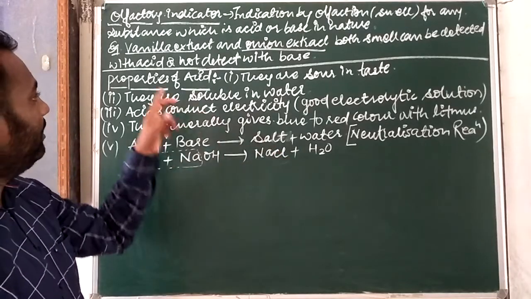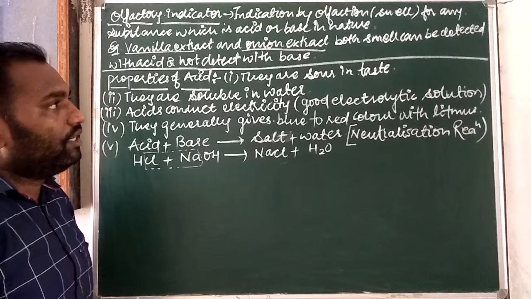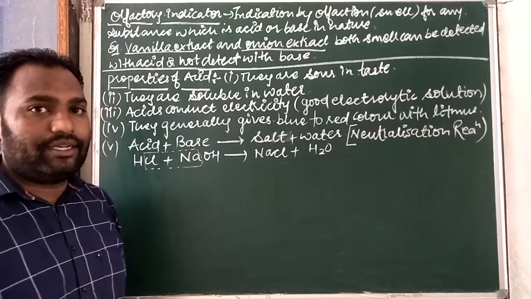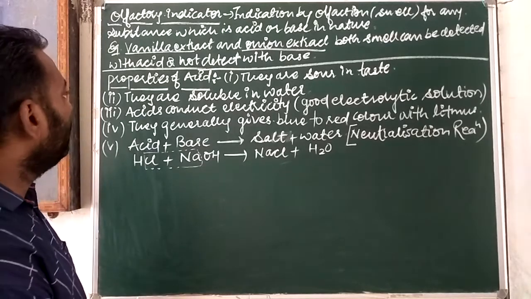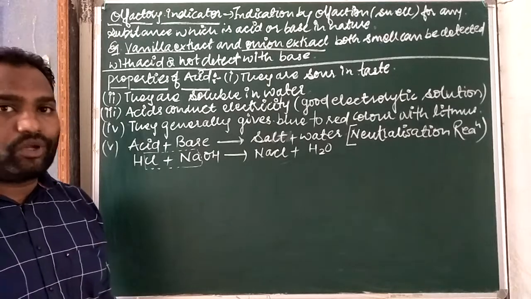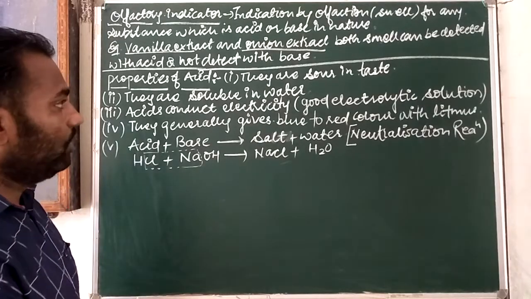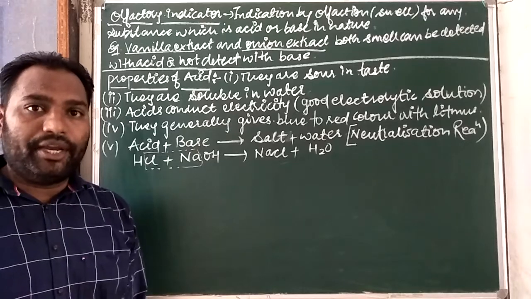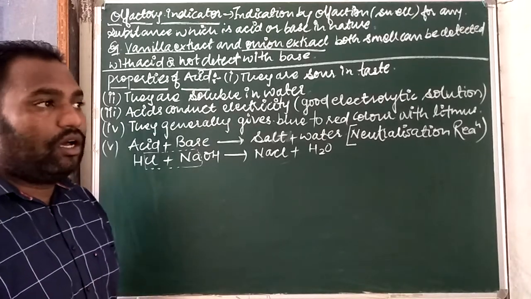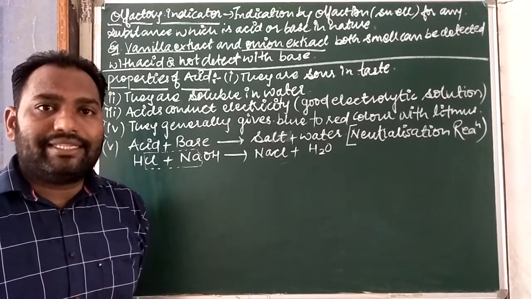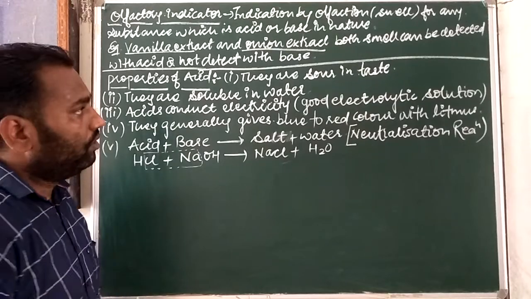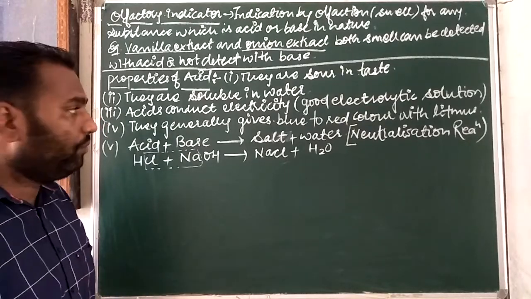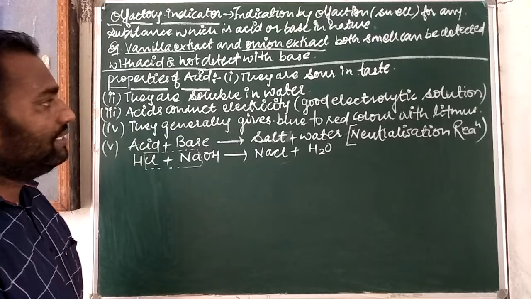So we have seen the properties of acid. They are sour in taste, as we already discussed earlier. They are generally soluble in water, because in the presence of water they can dissociate into ions. This is the characteristic of good acids and bases, and we will see it in bases also.